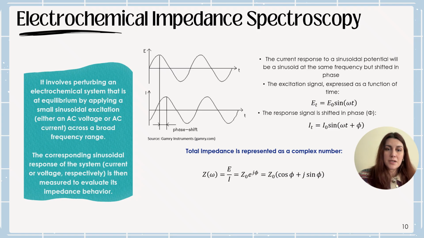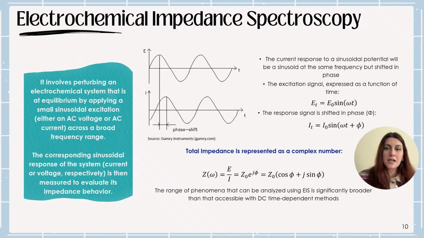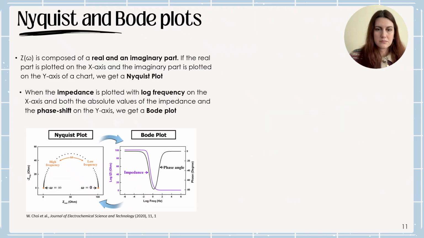By measuring the impedance over a wide range of frequencies, EIS allows us to separate different electrochemical processes that occur at different time scales. For example, high frequency measurements often probe solution resistance, while lower frequencies can reveal processes such as charge transfer reactions, ion diffusion, or mass transport limitations.